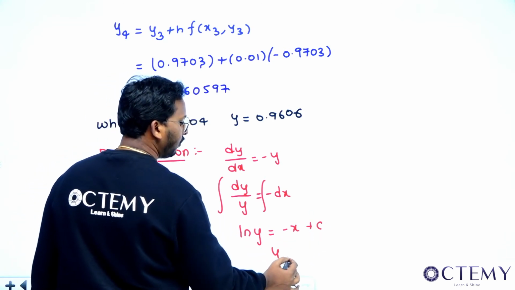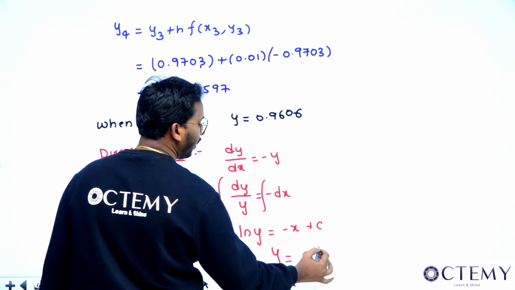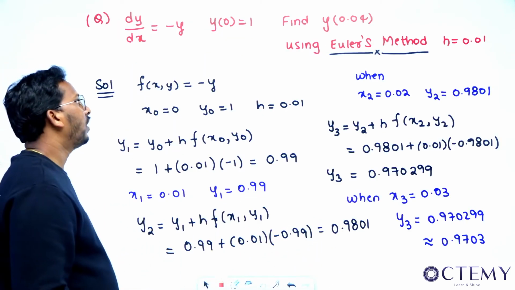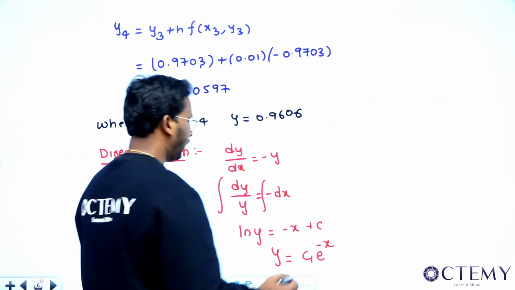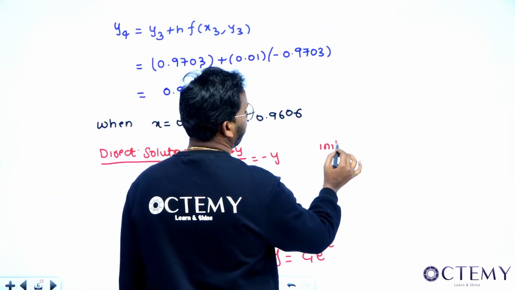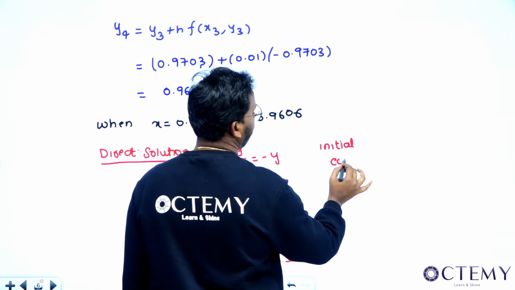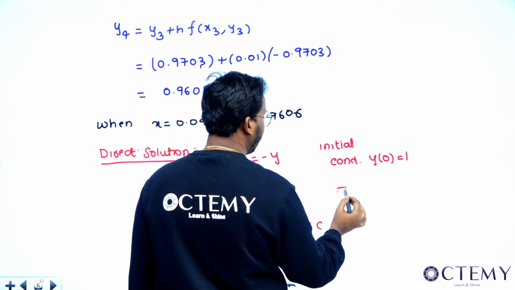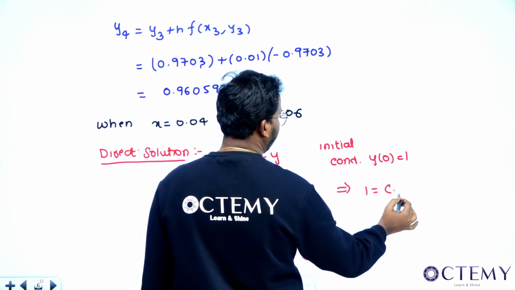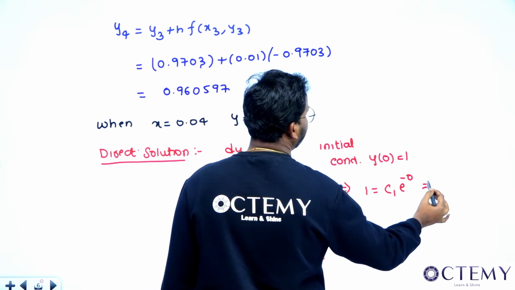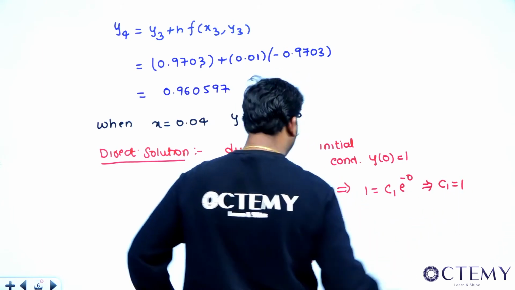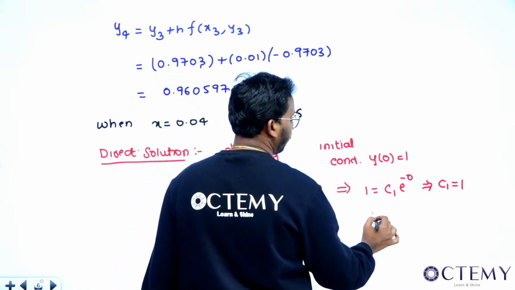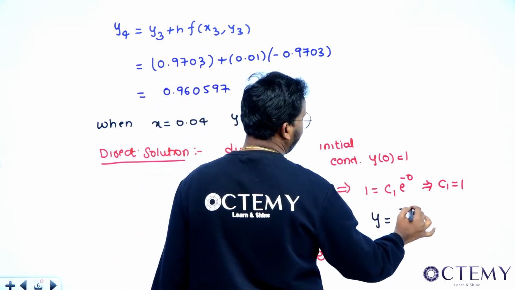So y is equal to c1 into e to the power minus x. But what is the initial condition given to you? y(0) is equal to 1, which implies 1 is equal to c1 into e to the power minus 0, so c1 is 1. So the exact solution is y equal to e to the power minus x.